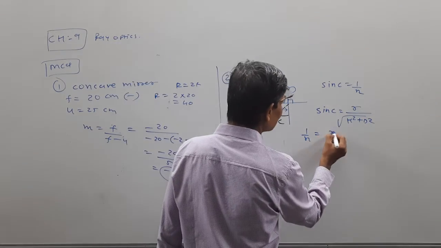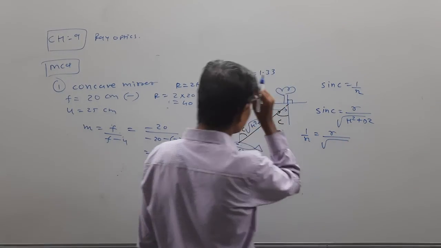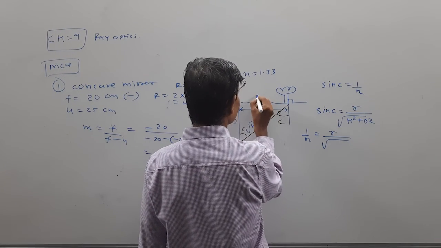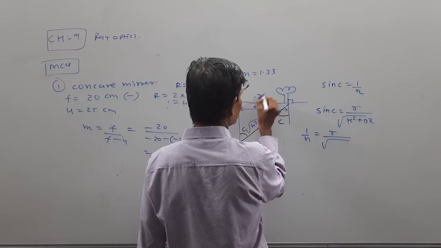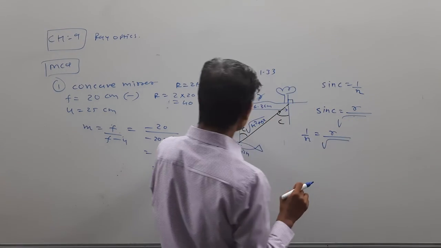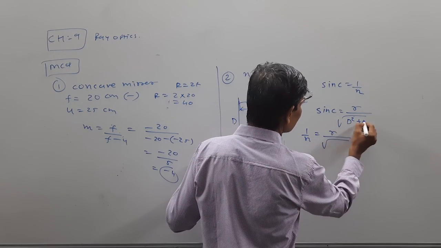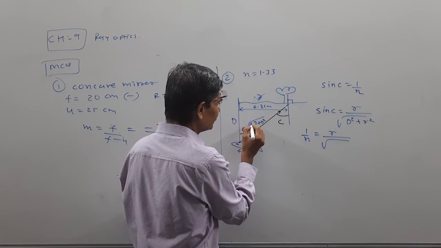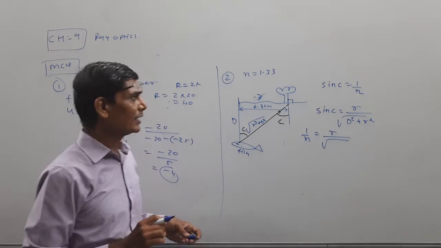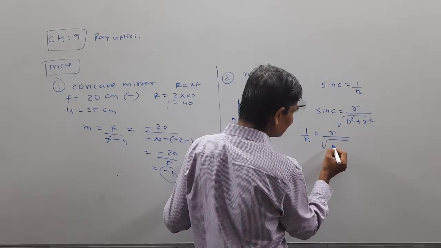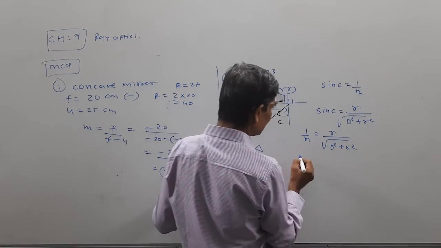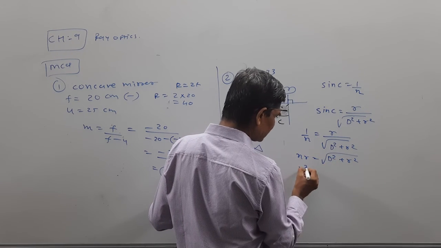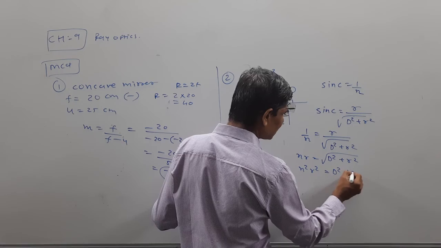So 1 by n is r upon under root of d square plus r square. If this distance is r, then we can take the hypotenuse as under root of r square plus d square. Now n r will be equal to under root of d square plus r square. n square r square will be d square plus r square.